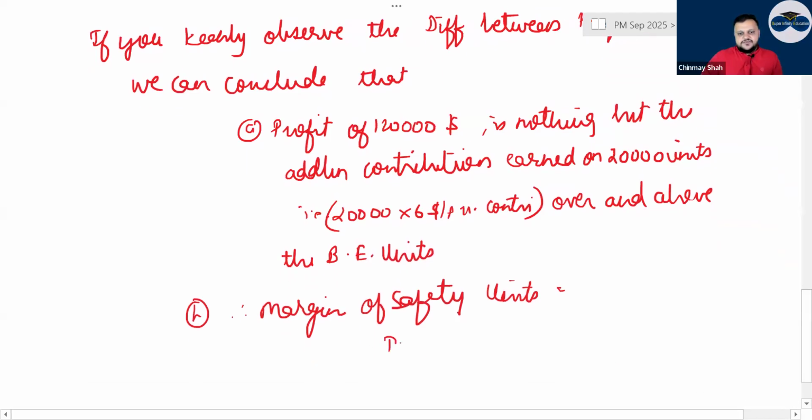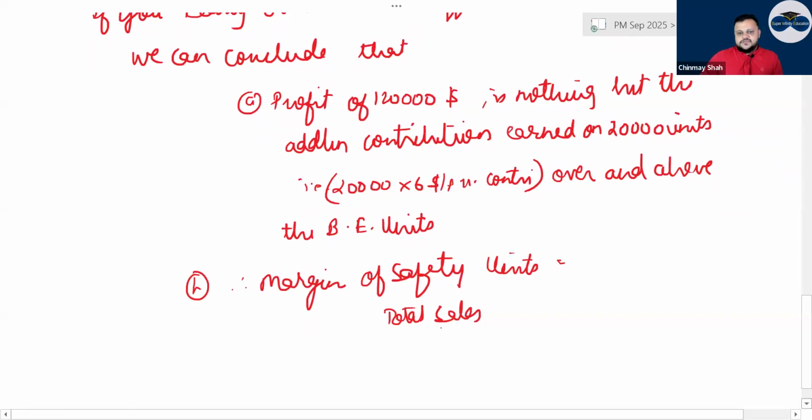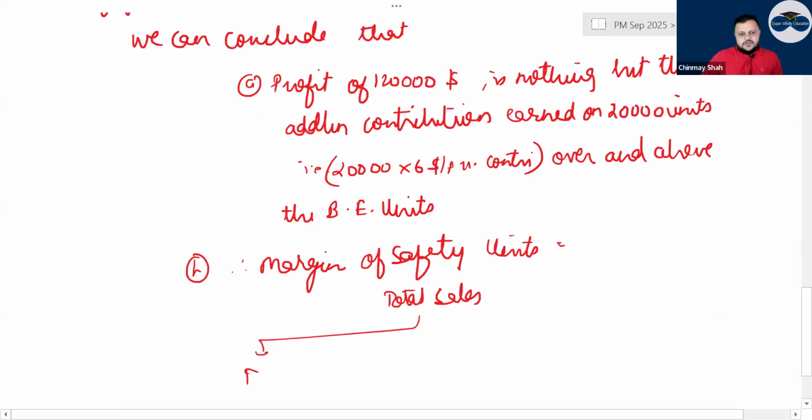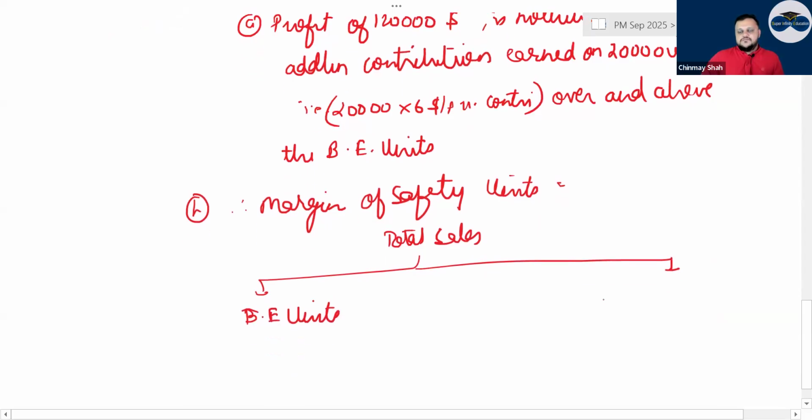Total sales has two parts: one is break-even units and the other is MOS units.